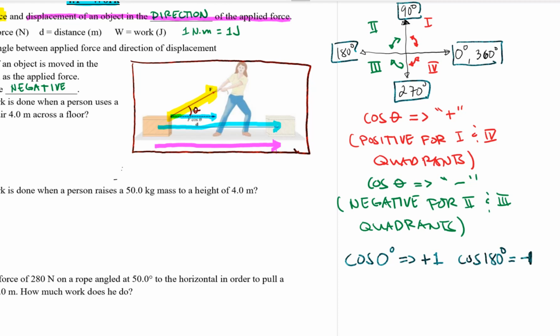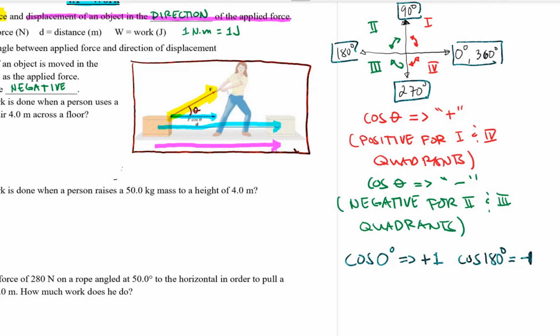So if the applied force and the displacement are in opposite directions, they're anti-parallel, you can expect that cosine theta there is negative 1 because cosine 180 degrees is negative 1. So work there is also negative.